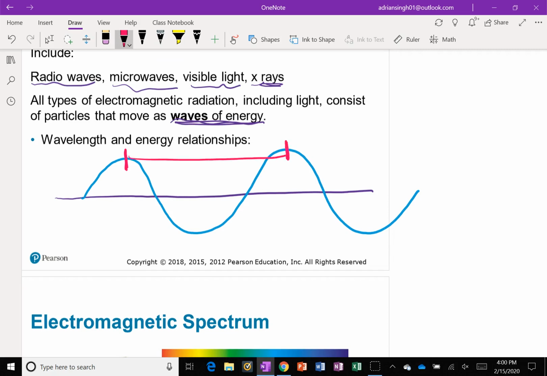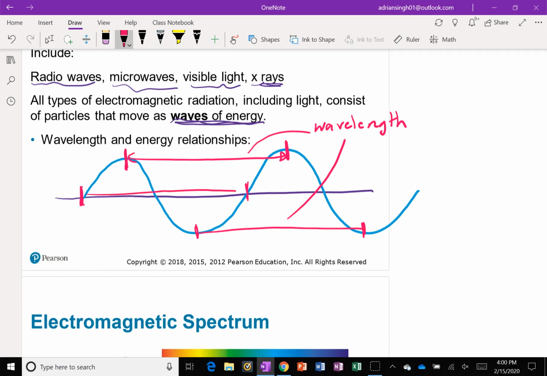So this here is called the wavelength of this particular wave. It's also the same distance from one trough to the other trough, or the bottom of the wave. Essentially it is just a distance from one point in the wave to another point that's equivalent. So this would be a wavelength as well in our particular wave.